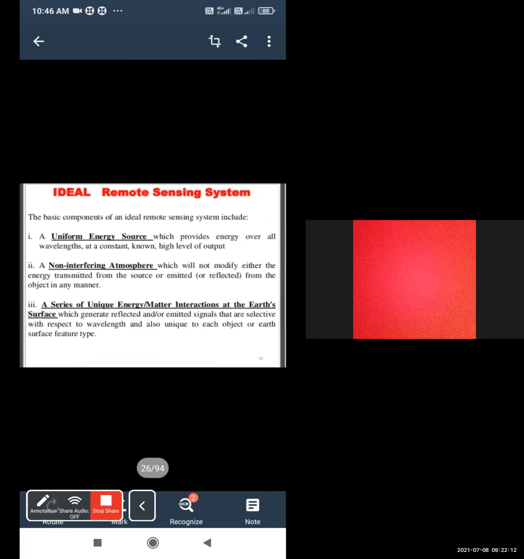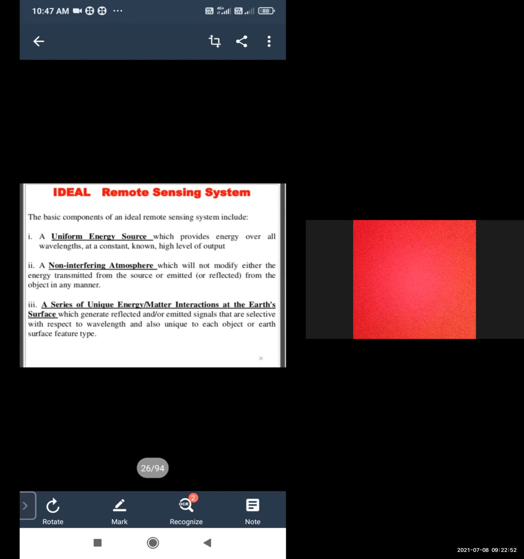Next is the ideal remote sensing system. The components of an ideal remote sensing system are a uniform energy source, a non-interfering atmosphere, and a series of unique energy and matter interactions at Earth's surface. So the first ideal condition for remote sensing is the uniform energy source, which provides energy over all wavelengths at a constant, known, high level of output.